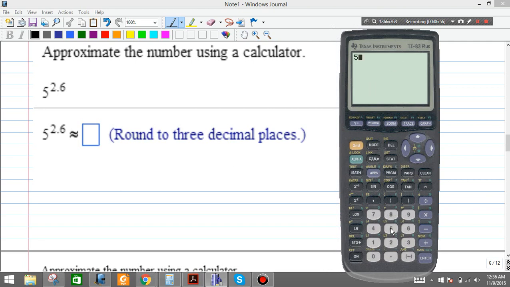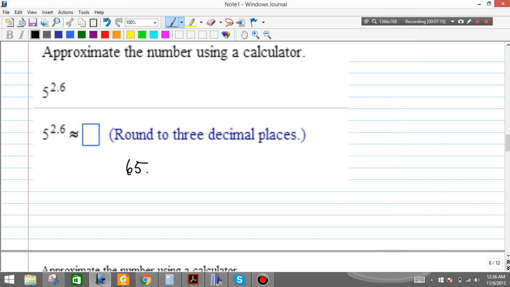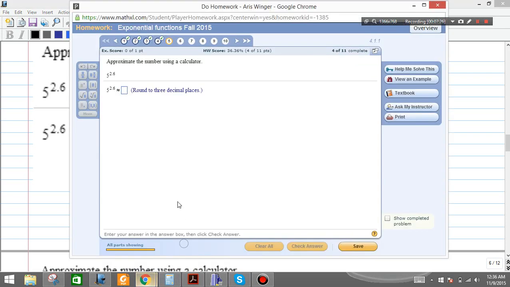It's 5 raised to the, you want to put parentheses around this, 2.6. And it wants me to round to 3 decimal places. 3 decimal places is a lot. So it's 65.663 for me. So we'll put that in.